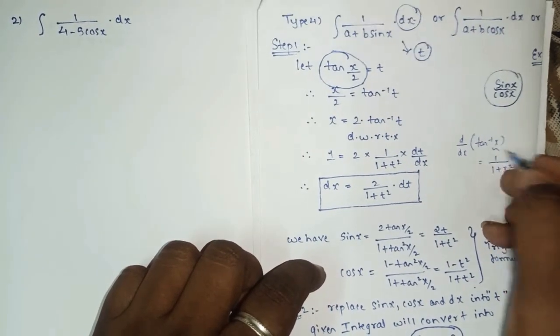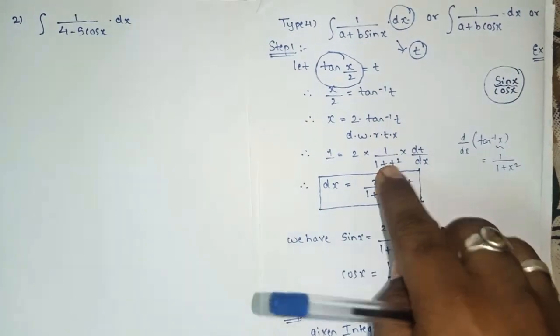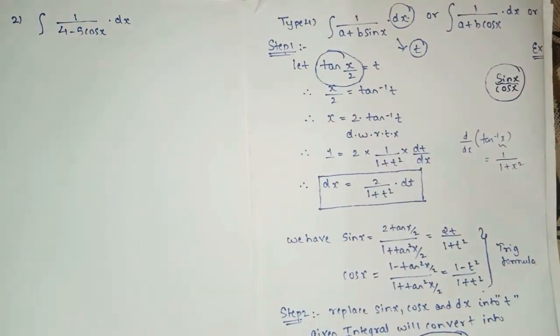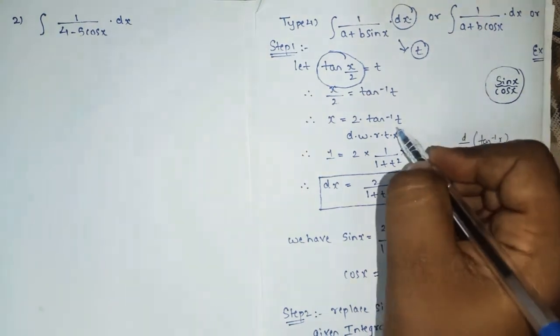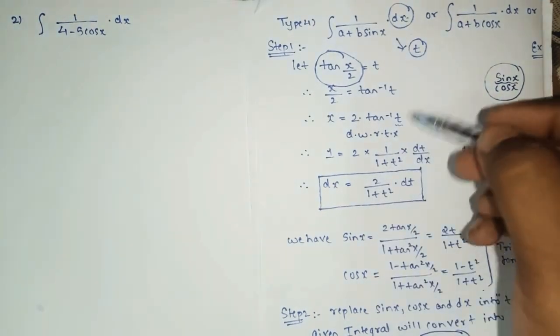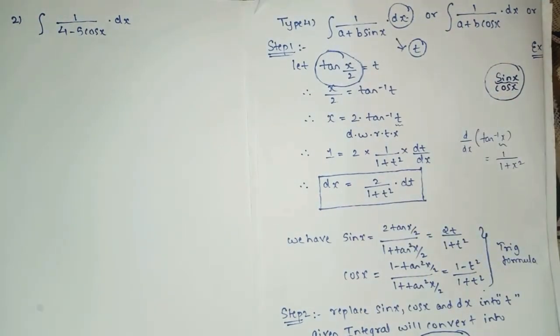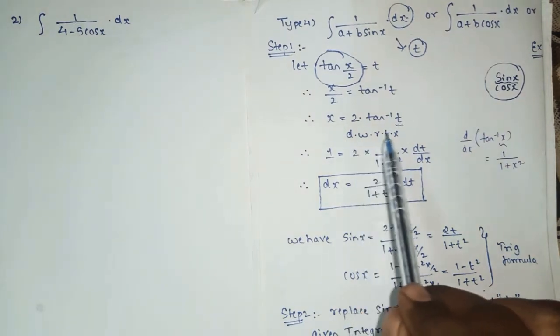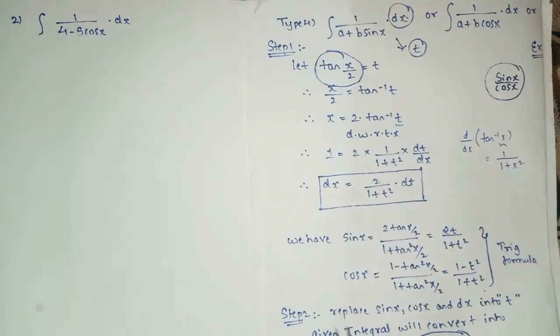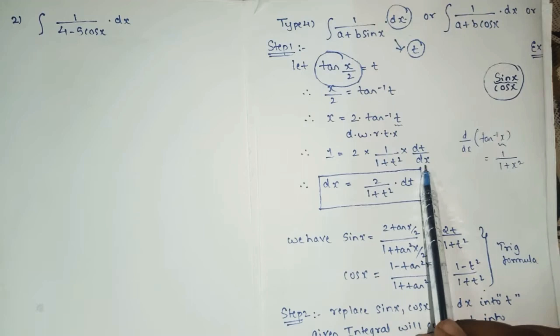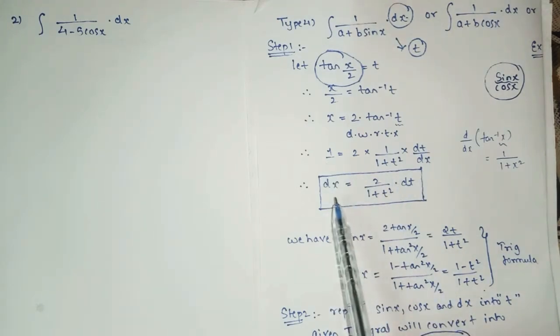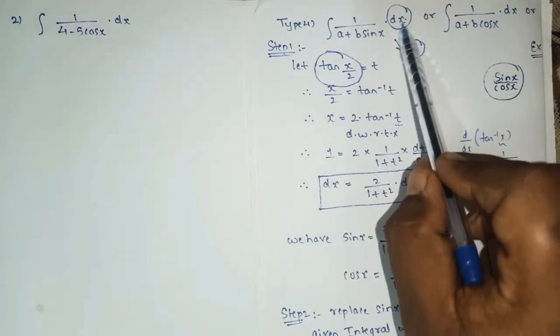But here x is replaced by t, so this will be 1 upon 1 plus t square, times dt by dx, because we are finding the derivative with respect to x. After that, shift this dx to one side, as we require the value of dx.